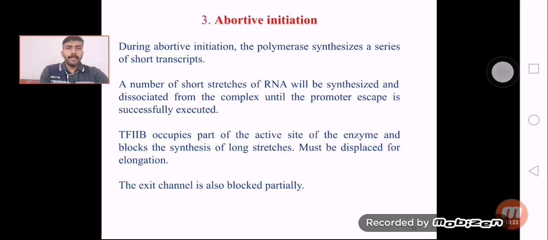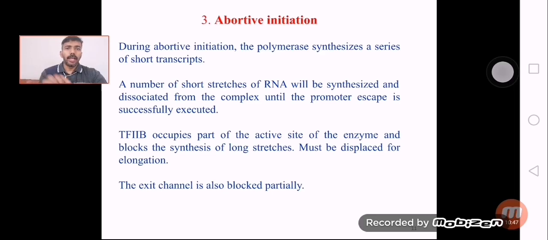When the first nucleotide is added to the site, as we know the RNA polymerase doesn't require a primer, the first nucleotide could be added by the enzyme itself. So the first nucleotide will be added to the +1 site, right? Then the remaining nucleotides will be added as a usual process.